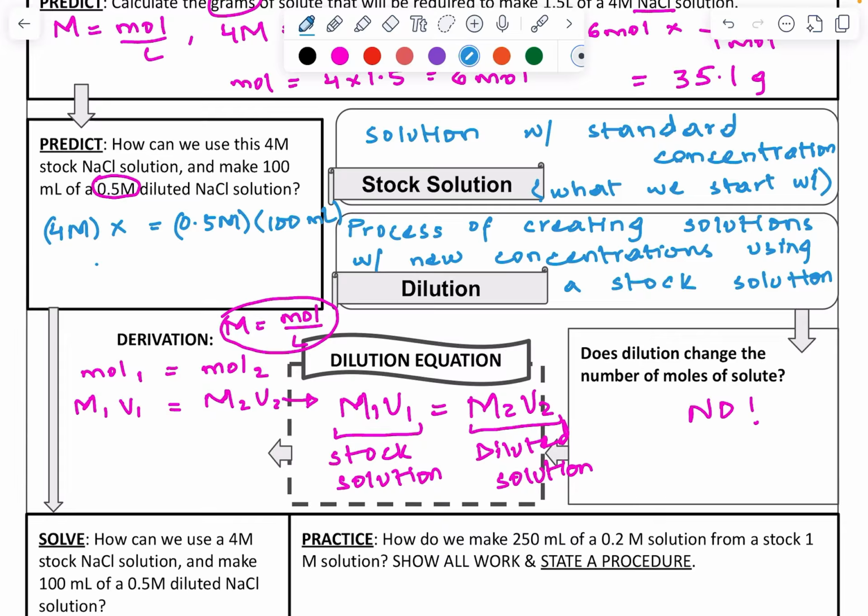So when you do the math, 0.5 times 100 divided by 4, you get about 0.00125. Actually, one second, let me do this again. Okay, 0.5 times 100 divided by 4, that's 12.5.